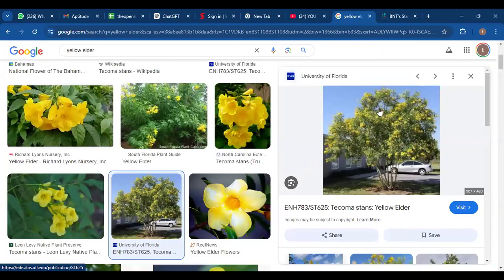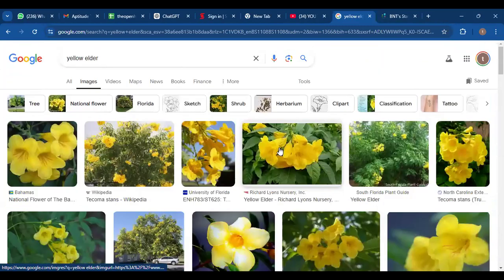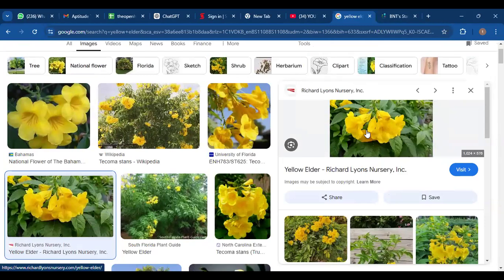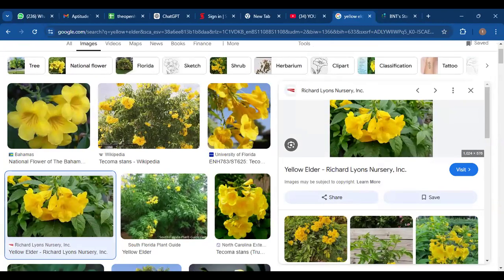Angiosperm. These are angiosperms because of the flowers. All right.